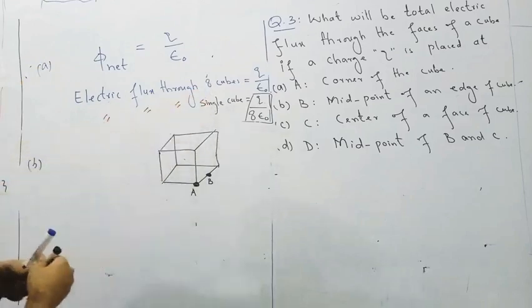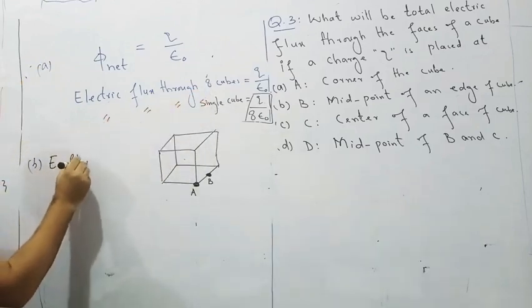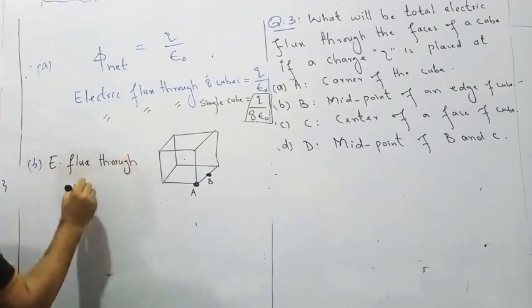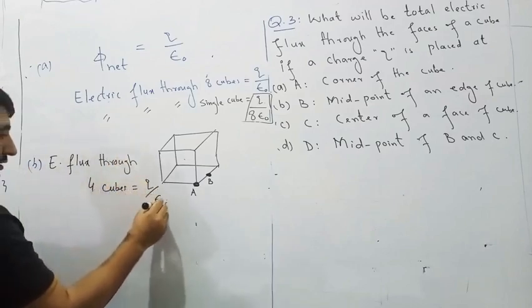Electric flux through 4 cubes is equal to Q by epsilon naught.